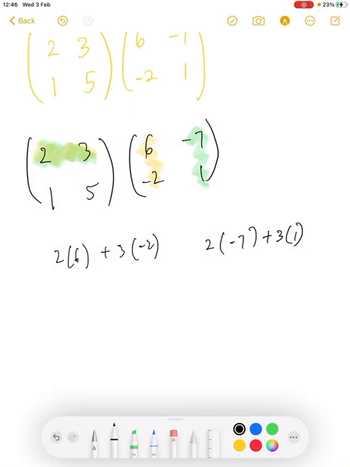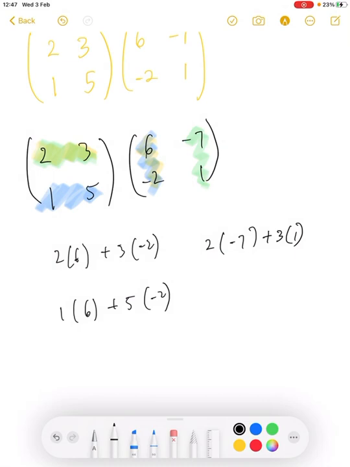Okay, next, the second row and the first column of our answer is 1 times 6 plus 5 times negative 2.